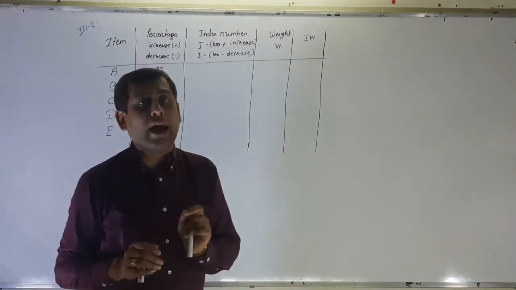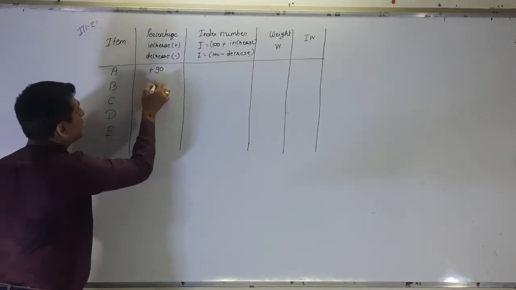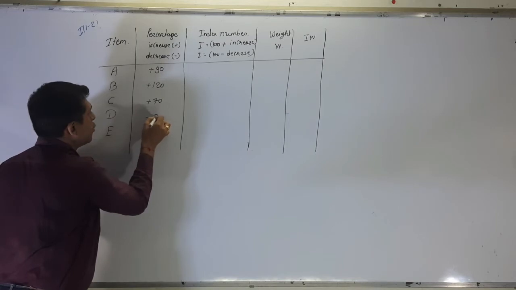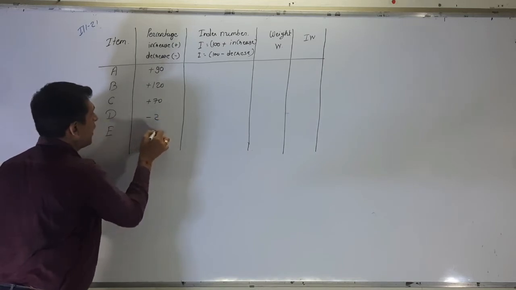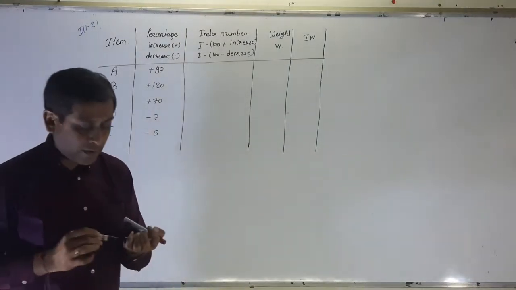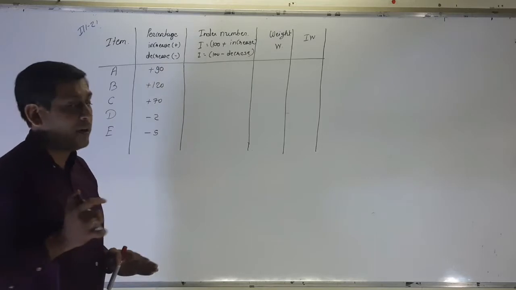So we have to add exactly 90, then 120, then 70, then decrease by 2%, that's why minus 2, and then decrease by 5%, that's why minus 5, right? So here the increase and decrease in index number is given.